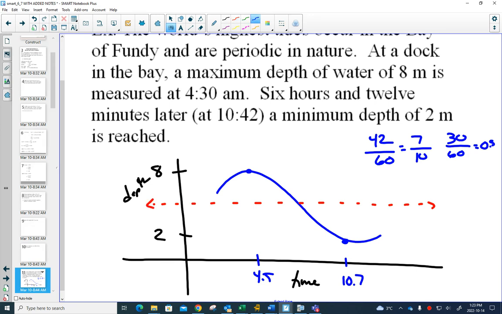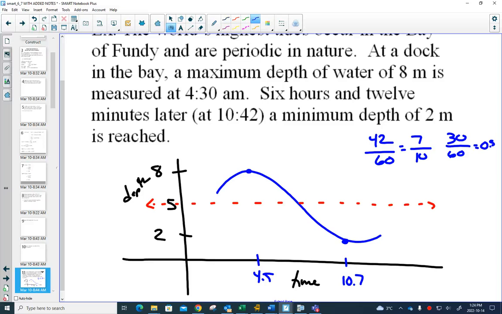If you know the maximum and you know the minimum, does it make sense that the center line has to be right in between them? And if this distance is 6, then the distance from the top to the center line has to be 3. And if you check, is 5 right in between 2 and 8? Yes. You could also do an average, right? If you want to find the middle of something, 2 plus 8 is 10, divided by 2, you get 5.